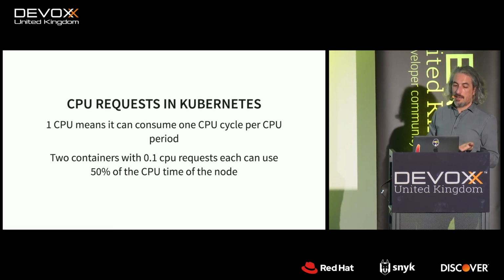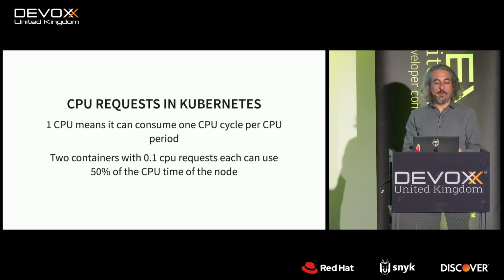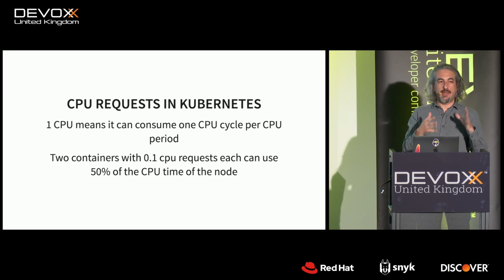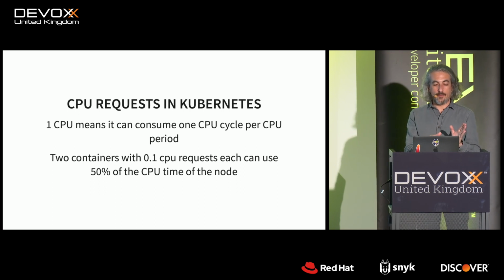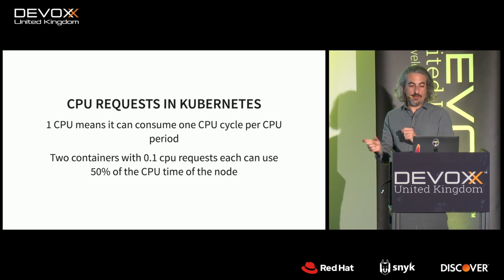When you say one CPU, it means that it can consume one CPU cycle for each CPU period. It's not that it has access to one CPU. It is the amount of CPU time that they can use.